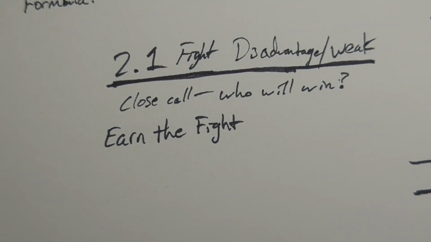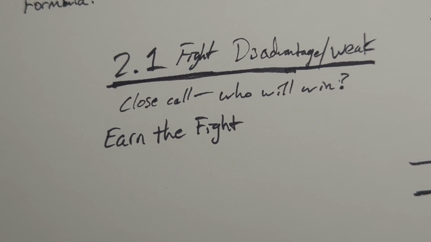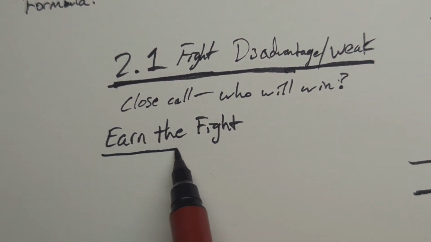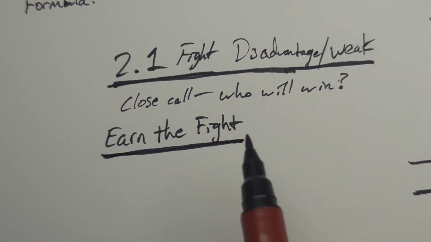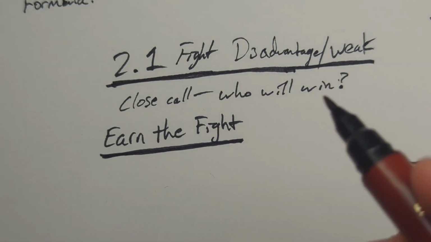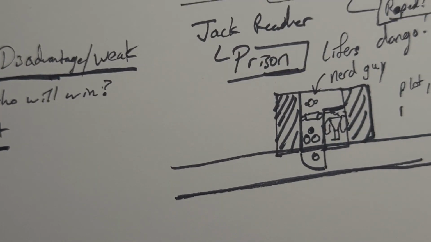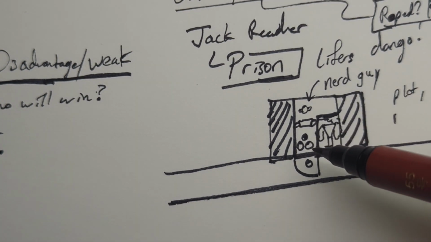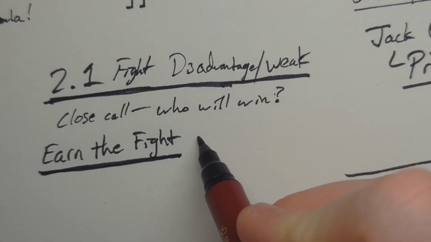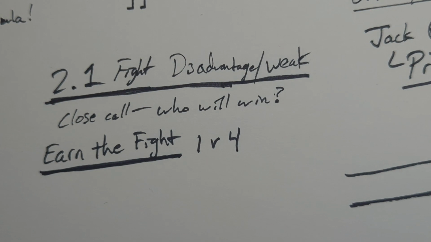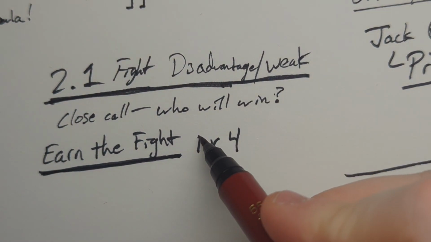Again, these terms are nebulous, but you might ask, Jack Reacher's 7 foot tall, he's absolutely huge and incredibly strong. What's his disadvantage or weakness in this fight? And this one is that he's outnumbered. There's like 4 guys, so basically it's 1v4, because we're not really counting the nerd at all.